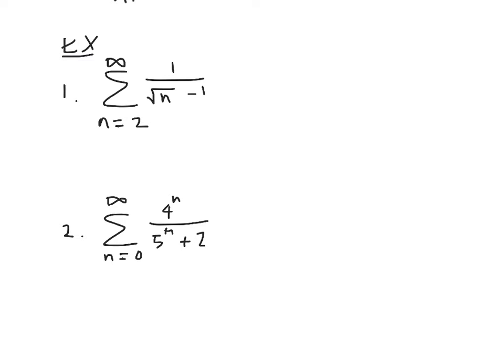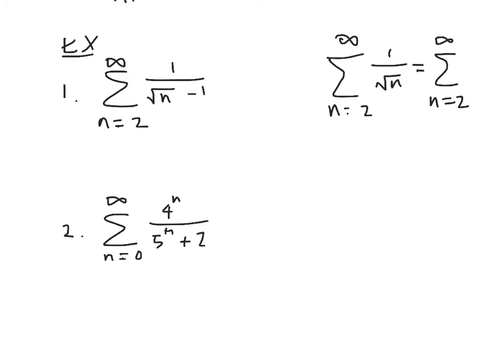Okay, now that you've had some time to think about it, let's look at the first series. If we look at the first series, we see that this -1 term in the denominator is a bit distracting. So we want to compare it to a series where that's not a part of it. 1 over root n. Now, we see that this series on the right can be written in a slightly different way that you might find a little bit easier to discuss.